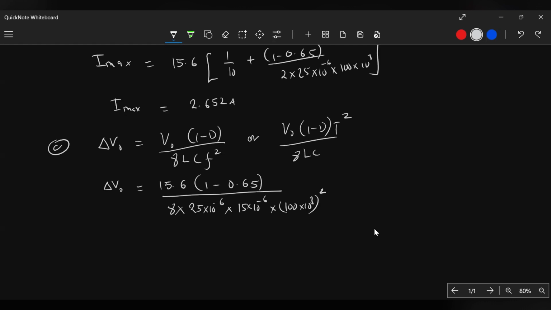So don't forget to square this. So the ripple voltage is simply equal to 0.182 volts.